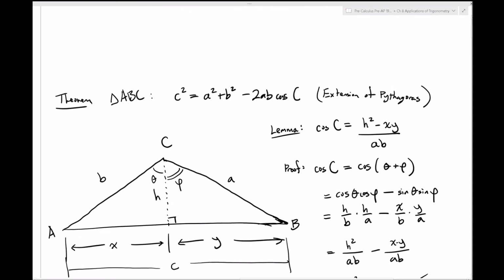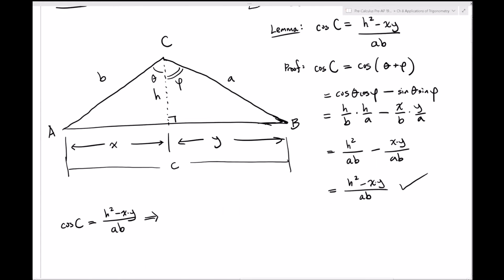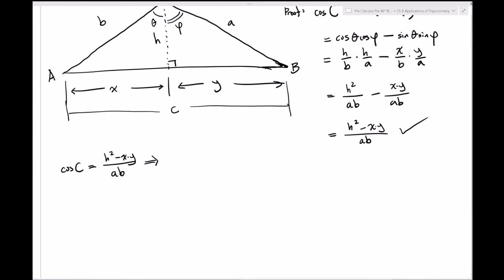I'm looking at the final expression that I'm supposed to prove, and it has an ab cosine c in it. You see that ab cosine c here? There's actually a 2 in front of it also. Comparing that to what we have here, cosine c is equal to h squared minus xy over ab. There's an ab on the bottom, which I could move over with the cosine. So I'm going to multiply both sides by ab.